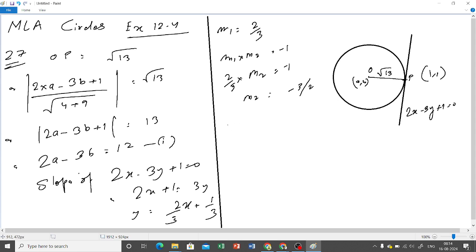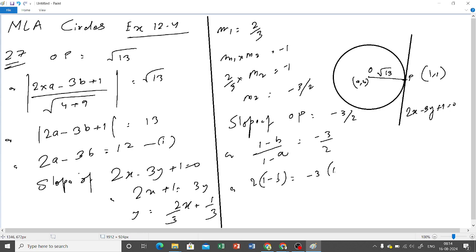Okay, the slope of OP is minus 3 by 2, or y2 minus y1 divided by x2 minus x1 is minus 3 by 2. This is equation 2.